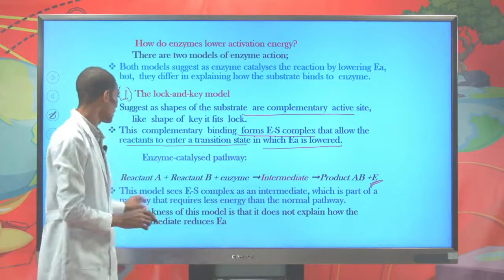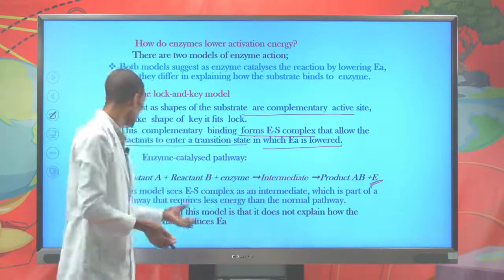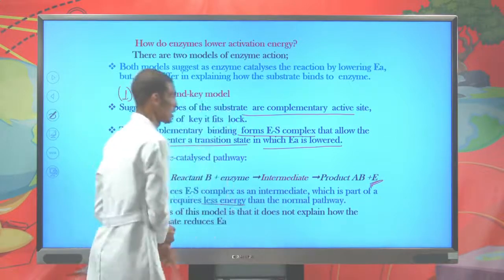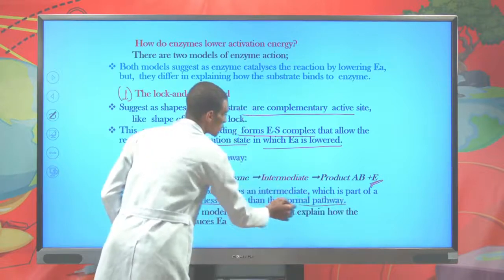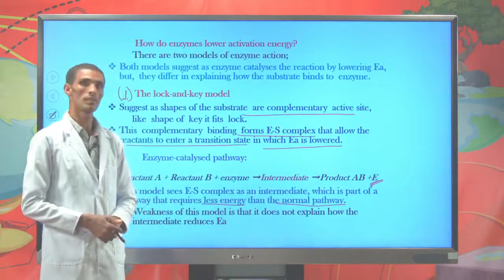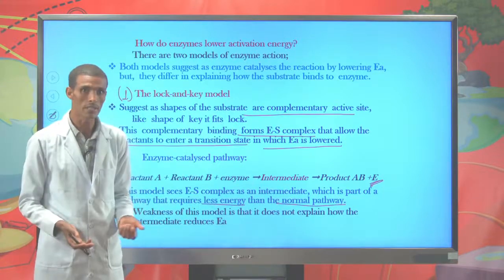So this model sees the enzyme substrate complex as an intermediate, which is a part of the pathway, requiring less activation energy than the normal pathway, which is the uncatalyzed one. The main thing is enzyme substrate binding lowers activation energy.